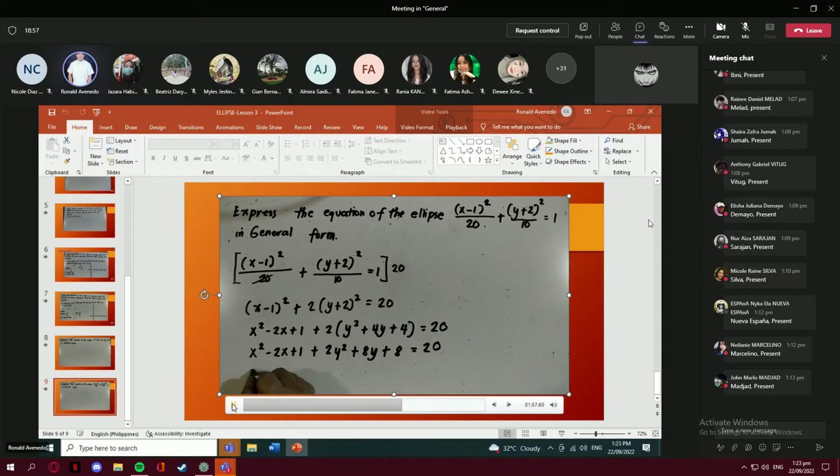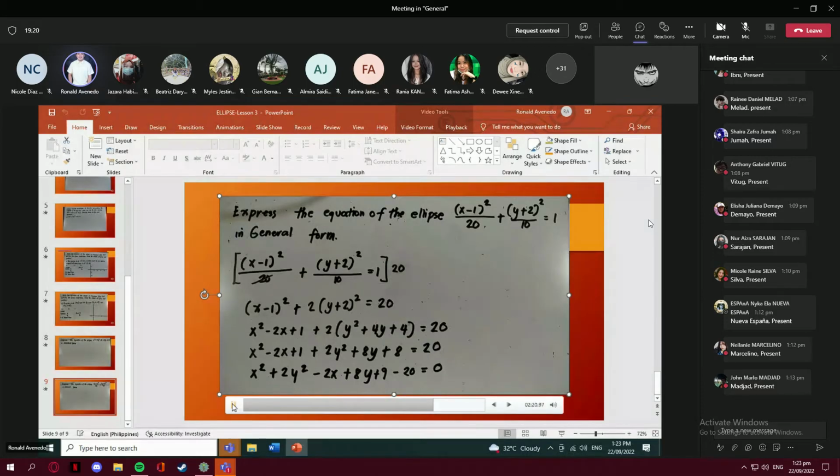So this is x squared plus 2y squared minus 2x plus 8y, 1 plus 8 is 9, so plus 9. Then transpose 20. So minus 20 is equal to 0.